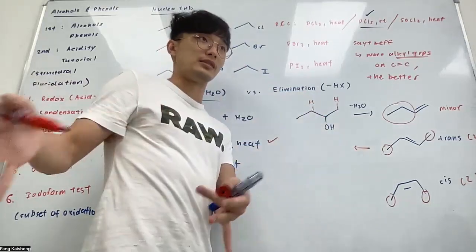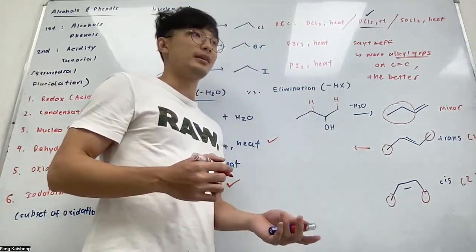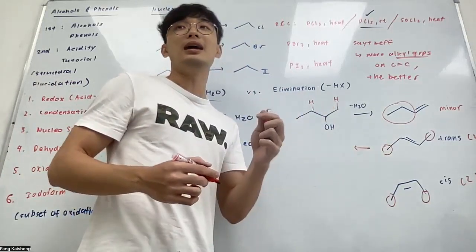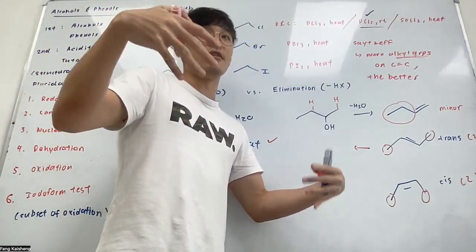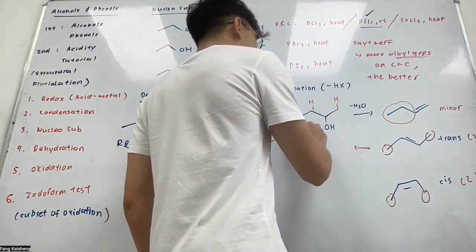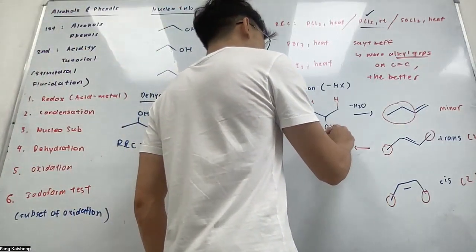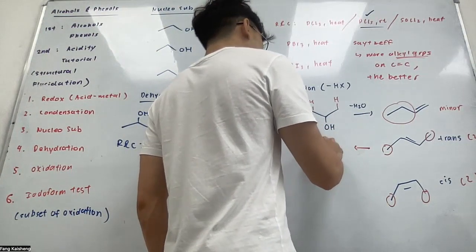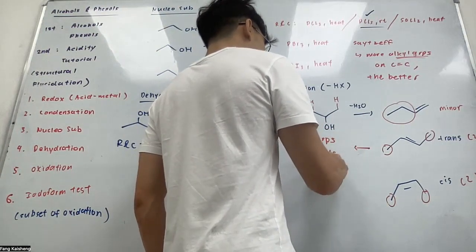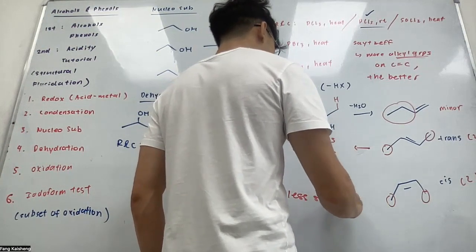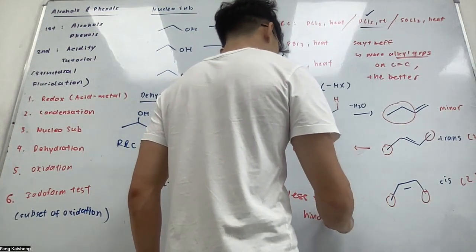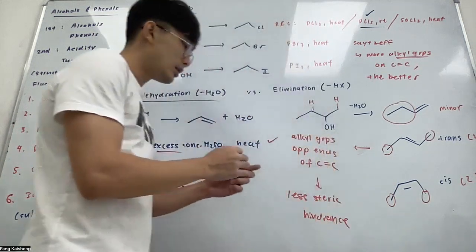Because it has less steric hindrance. The alkyl groups are on opposite ends of the double bond, which means they have more space to breathe. So the alkyl groups are on opposite ends of the double bond, and hence it has less steric hindrance compared to the cis isomer. Can you see that?